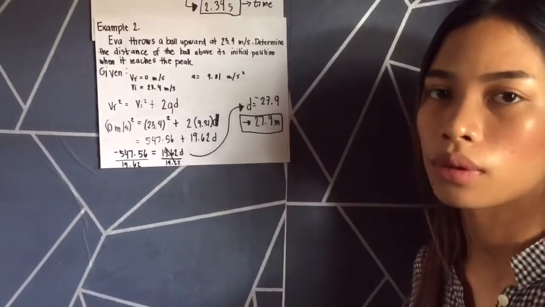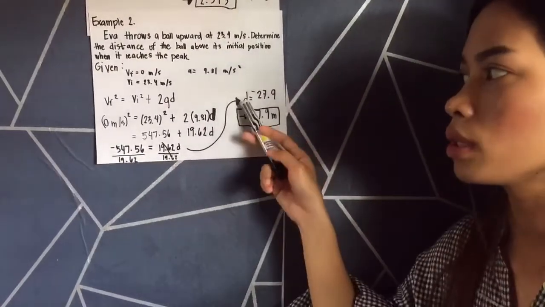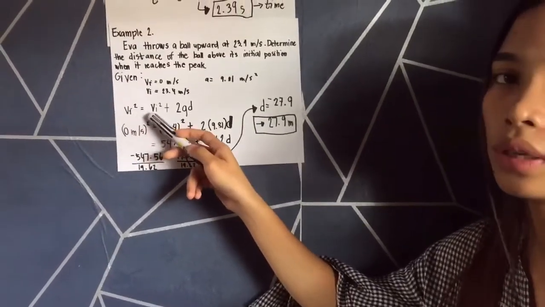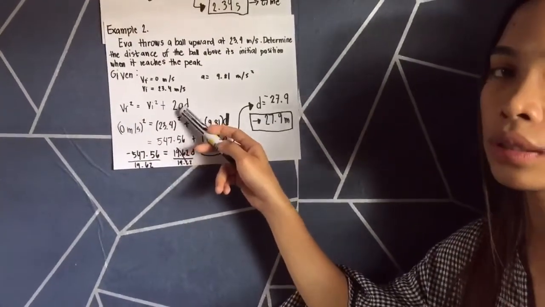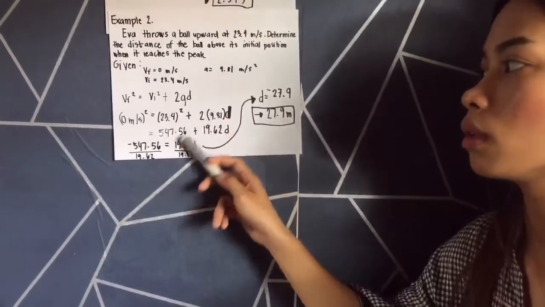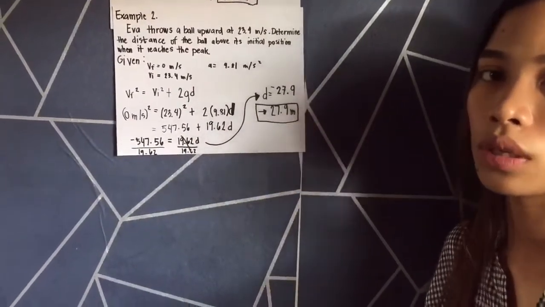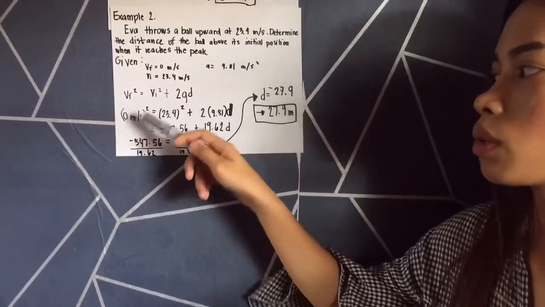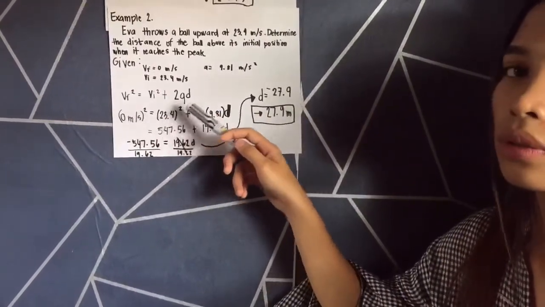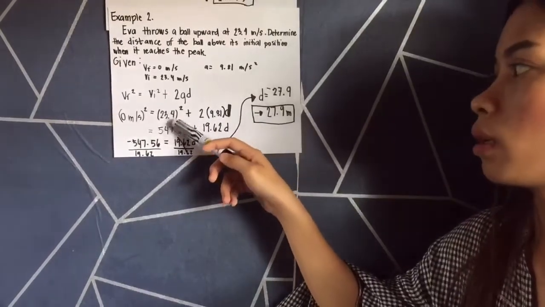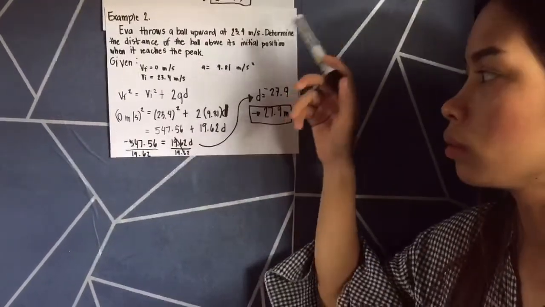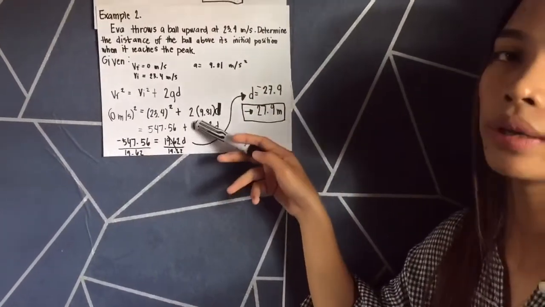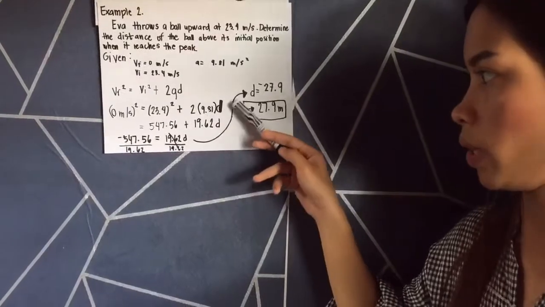The perfect formula that we can use for this example is this: v final squared is equal to v initial squared plus 2 multiplied by the acceleration multiplied by the displacement. The next thing to do is to substitute the given. 0 meters per second squared is equal to 23.4 meters per second multiplied by the power of 2 plus 2 multiplied by 9.81 multiplied by the displacement.